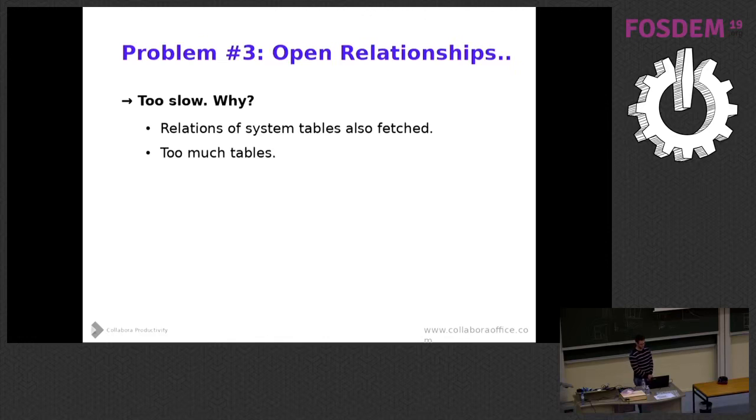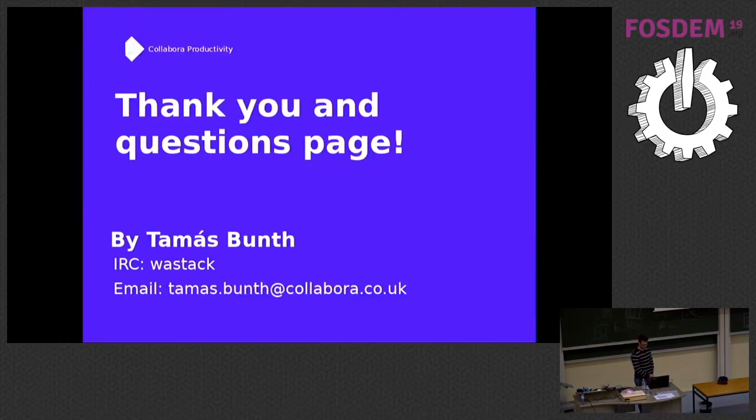So my plan is to get rid of those system tables and only query the normal tables for the relationships menu. Okay, so that was all I wanted to talk about. I don't know if you have any questions.